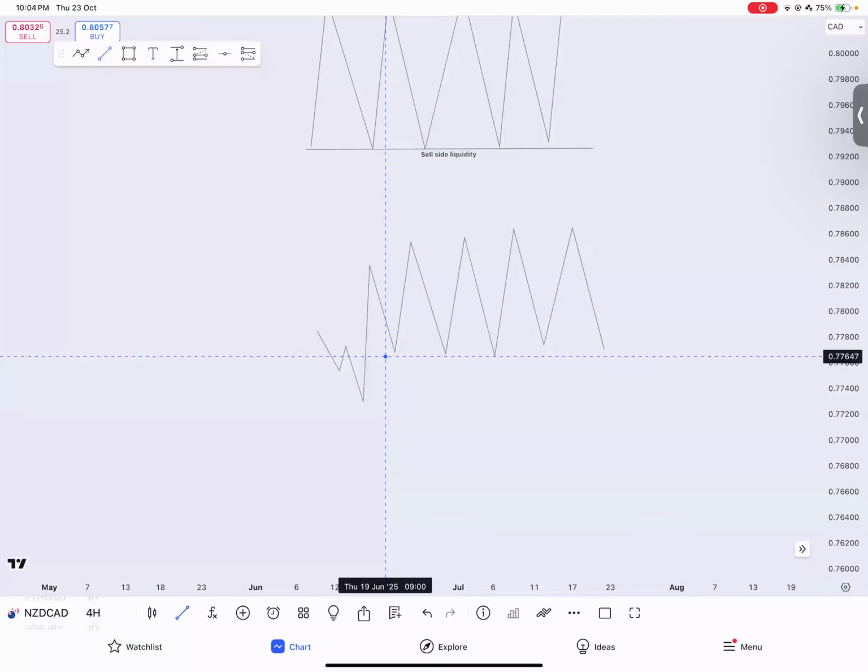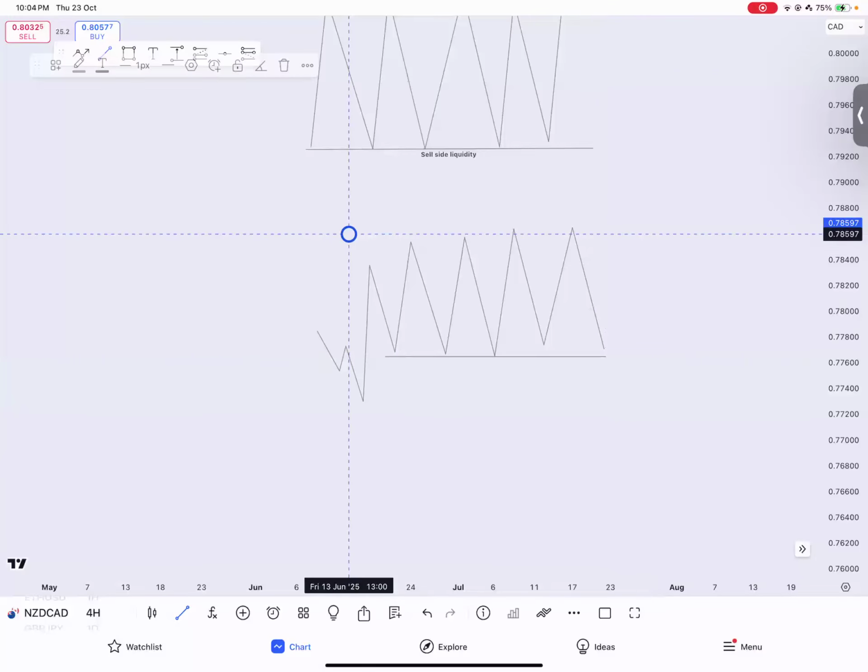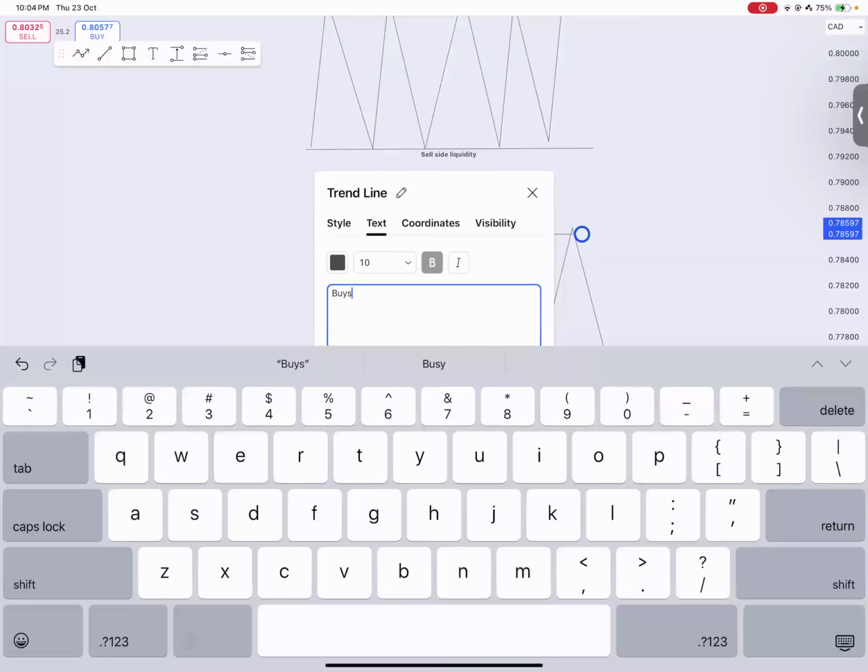The liquidity being accumulated on the downside here is called the sell side liquidity. Then the one on the upside here is called the buy side liquidity. This movement is called a range. This is buy side liquidity.